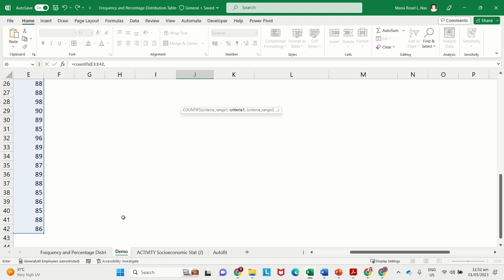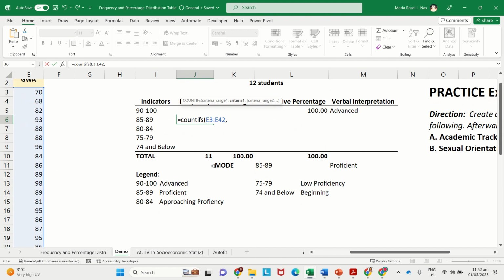And then our first criteria: we need to include open quotation marks. The grade here must be greater than or equal to 85 but less than or equal to 89.